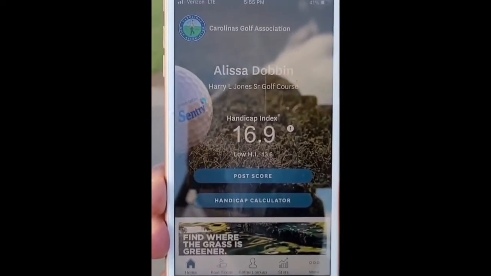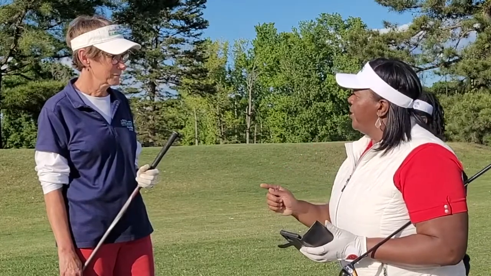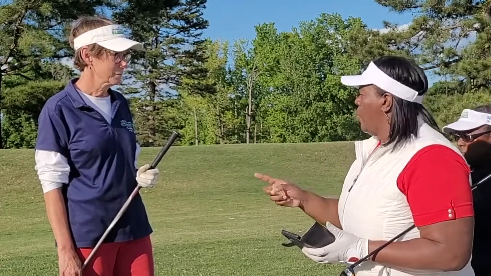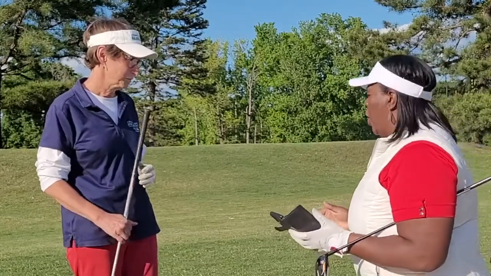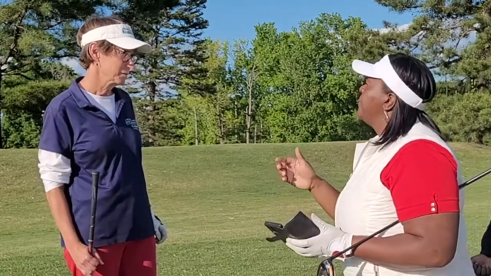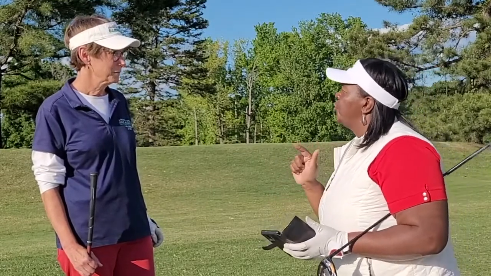You want to make sure that when you put your score in, it's showing your score hole by hole, because doing it hole by hole becomes important because the rules of golf changed last year. And so to ensure that net double bogey is calculated, you have to make sure you're putting it in hole by hole.